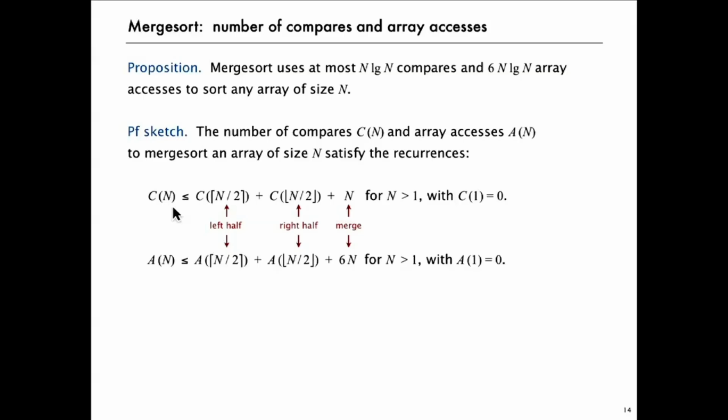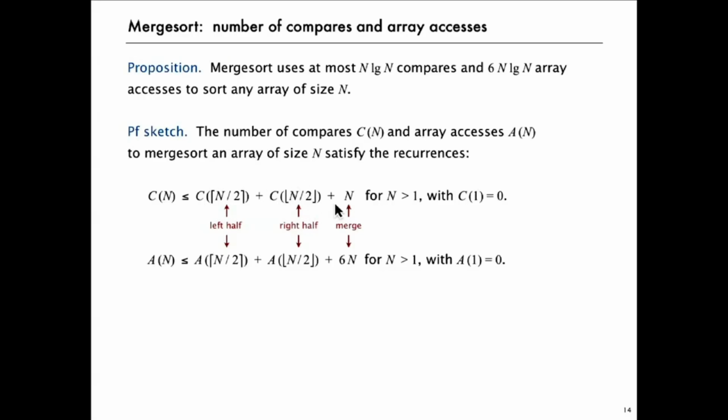In order to get that done, we're sorting the left half and the right half. There's notation ceiling of n over 2 and floor of n over 2. That's n over 2 rounded up, n over 2 rounded down. That's the size of the two subarrays. And we're going to call the same routine for that size, so the number of compares you need for that is C of ceiling of n over 2 for the left, and C of floor of n over 2 for the right.